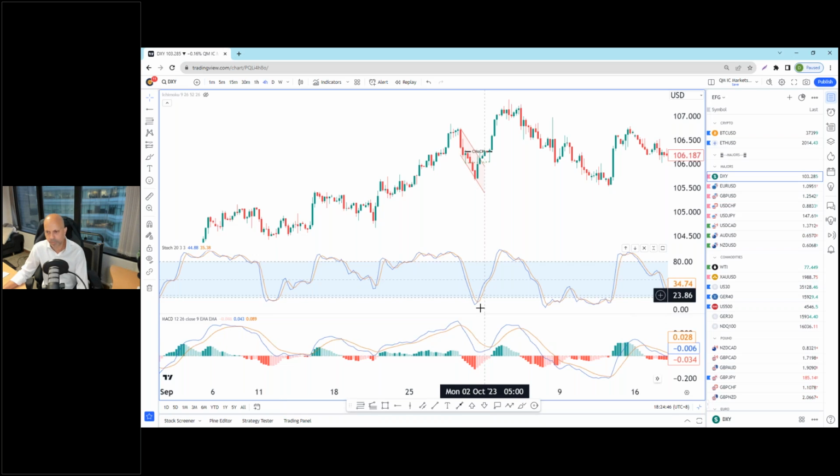You see stochastics move away from the oversold position, you see the MACD histogram becoming less bearish, and price has bounced off the lower trend line quite strongly, and of course price breaks above the upper trend line of this bearish channel. Price also breaks above the previous high, and we have all these factors here on 2nd November, giving us a good level of confidence that this is indeed a bullish reversal for price.